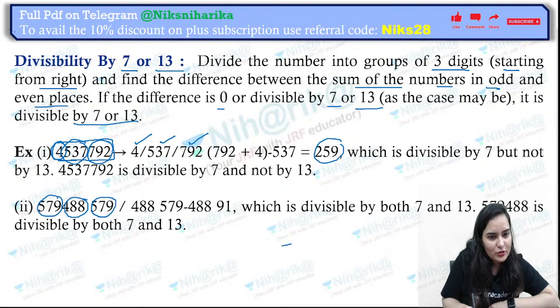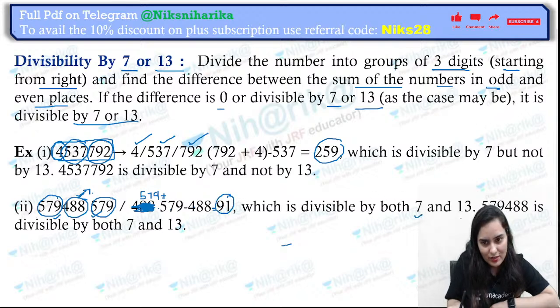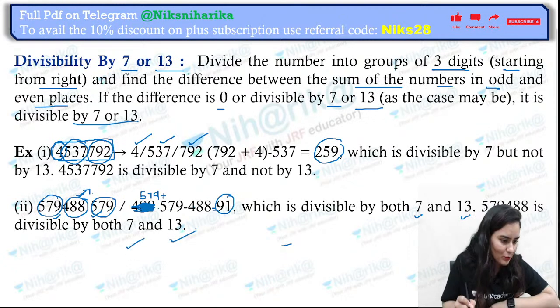You will take 488, and 579 only. These two should be added and this should be subtracted. Then our answer is coming 91. If 91 is divisible by 7 and 13, then the number is divisible by 7 and 13 both.